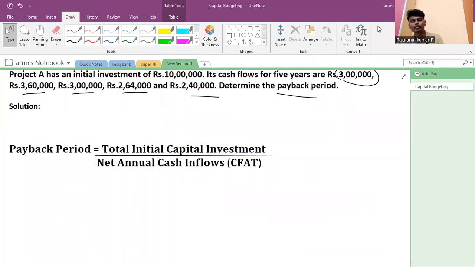Payback period is equal to total initial capital investment divided by net annual cash inflow. Net annual cash inflow is also known as cash flow, or cash flow after tax.